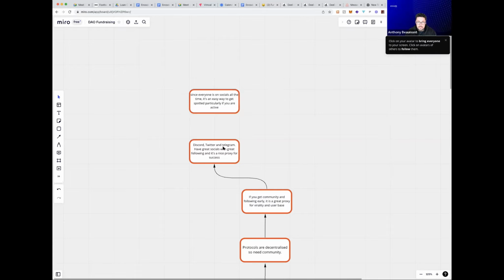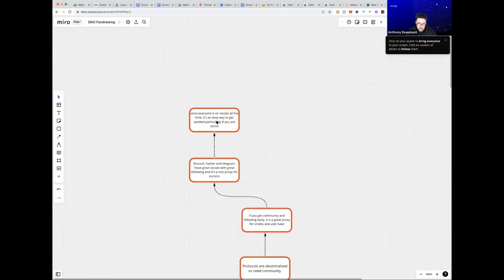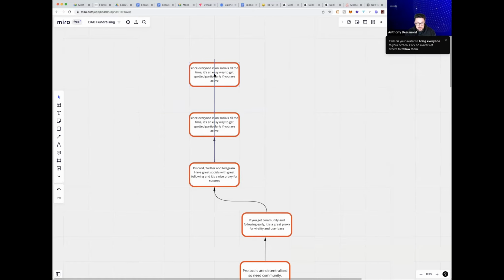That leads to a first conclusion, a key piece of advice, which is to fundraise, have great startup and personal socials and engagement. Because I think that is extremely important.